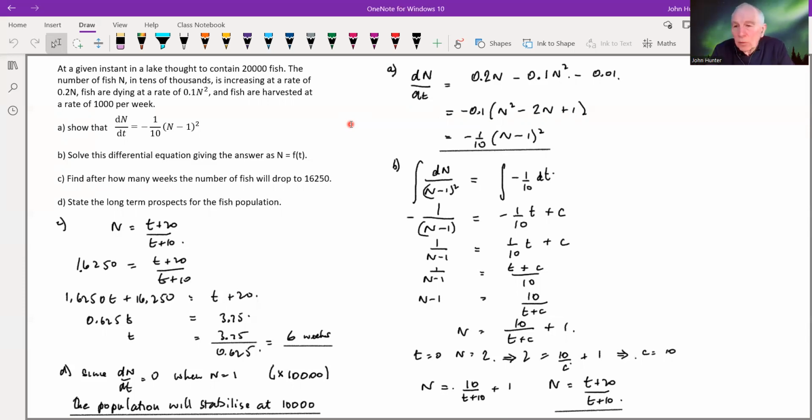Okay, so 1 being 10,000 in terms of fish. So essentially, this is what's going to happen. So once we've got to that point, we're really adding and taking away fish at the same amount every week. So it's going to stabilize at 10,000 fish. So that is that.